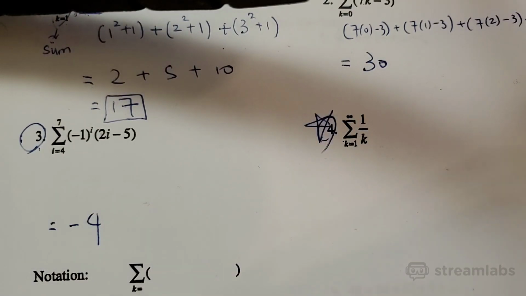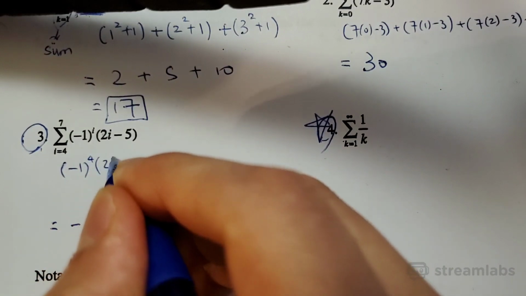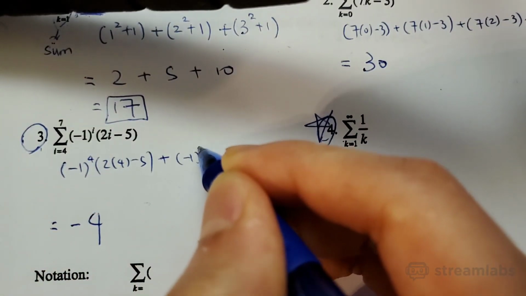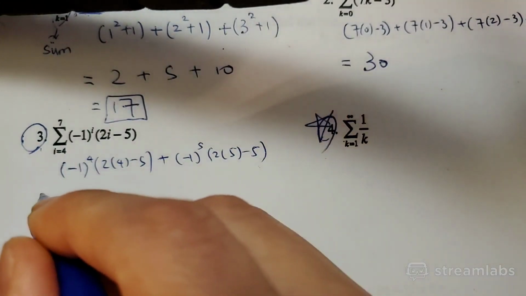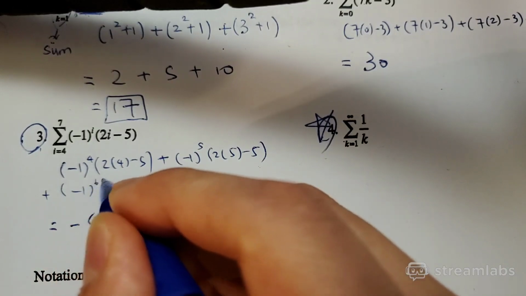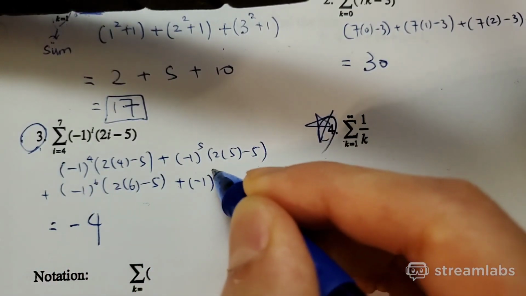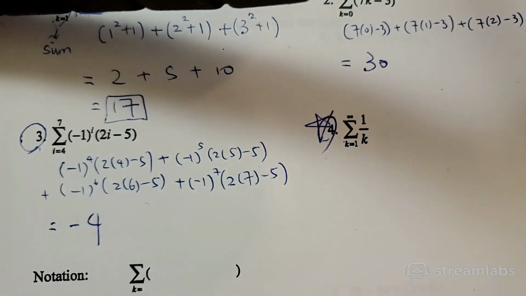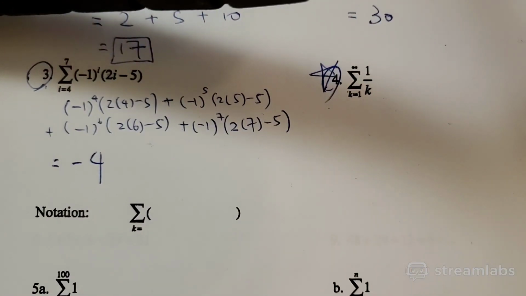So, right, -1 to the 4th power, 2 times 4 minus 5, plus -1 to the 5th power, 2 times 5 minus 5, like that, plus -1 to the 6th, 2 times 6 minus 5, plus negative 1 to the 7th power, 2 times 7 minus 5, okay? And it turns out to be negative 4. Do we get the same answer? Does that look right?